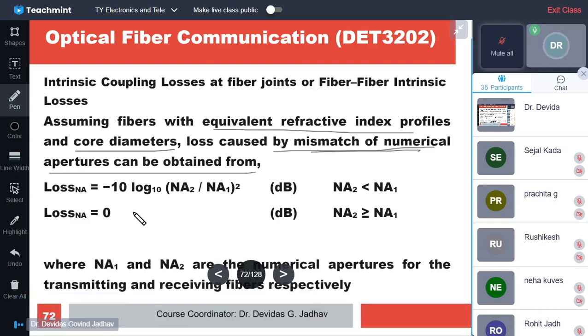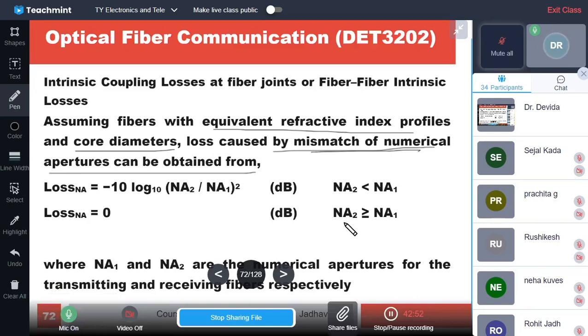If the receiving fiber has a larger or same diameter, no loss. Similarly, if the receiving fiber has a larger or same numerical aperture, no loss. But if the receiving fiber has a small diameter or a small numerical aperture, there will be loss, where NA1 and NA2 are the numerical apertures for transmitting and receiving fibers respectively.